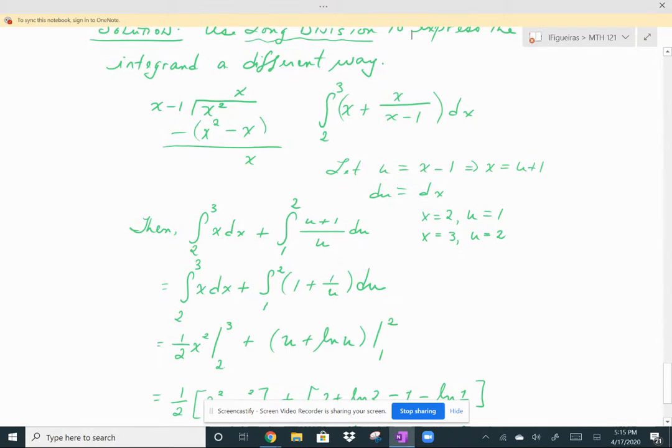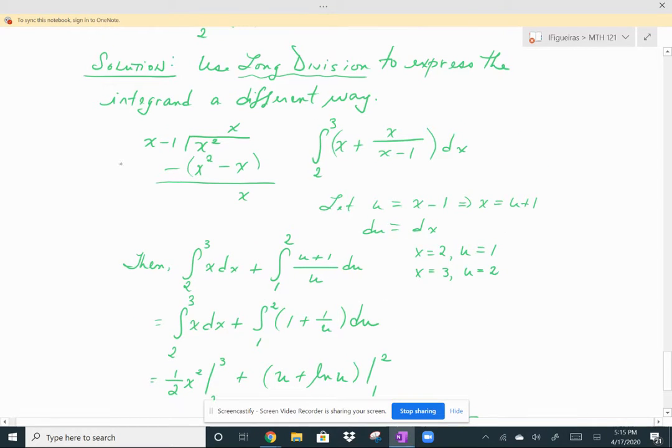So this is where the long division is happening. So I have x squared being divided by x minus 1. So x squared divided by x is x, so that's your quotient right here. And then you multiply x across your divisor, which gives you the second line of your long division problem, which is right here. Then you subtract that line from the top line, and you get a remainder of x.